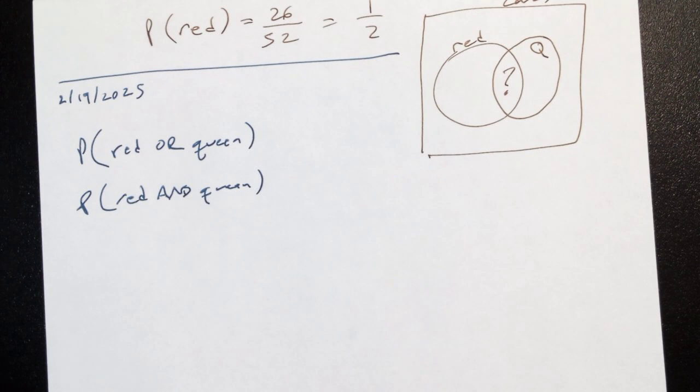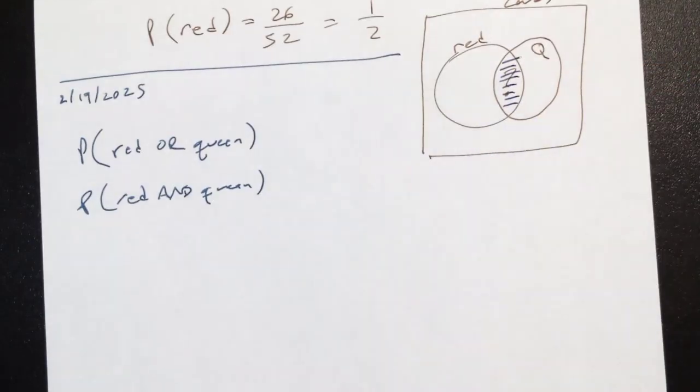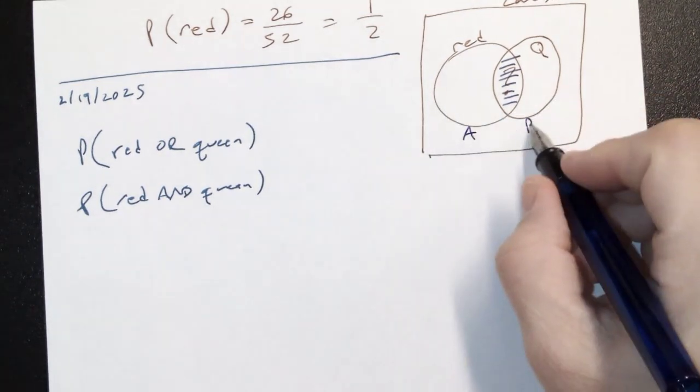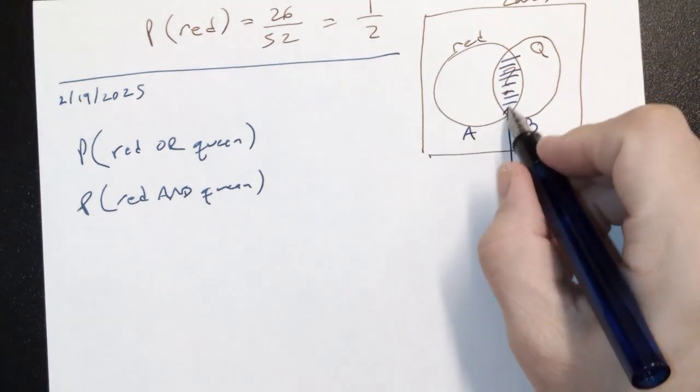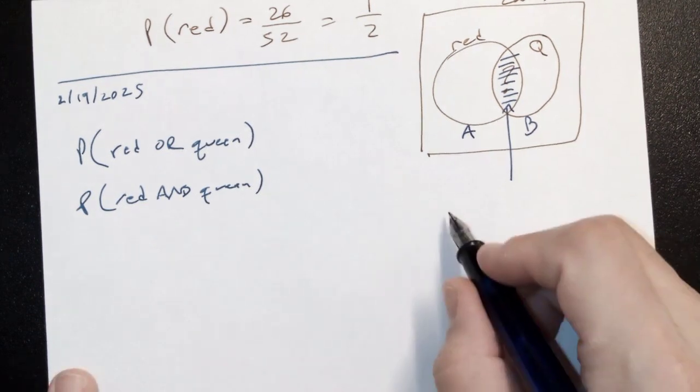I need some names. So let's consider this section in our Venn diagram. If our 2 sets were just given arbitrary names, then that piece would be the overlap between them. And in set terms, we would call that the intersection.